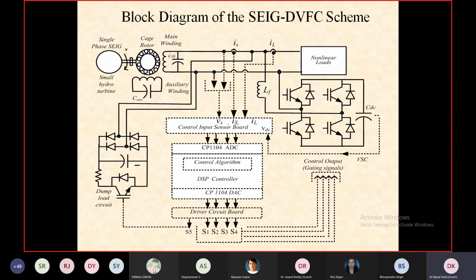So here we are using a single phase voltage source converter. This voltage source converter consists of 4 IGBT switches, 1 DC link capacitor at the DC side, and an interfacing inductor at the AC side. And this voltage source converter is performing a number of functions simultaneously.